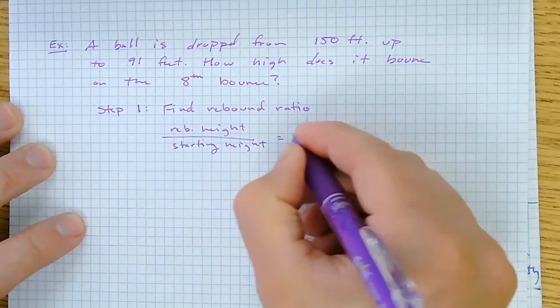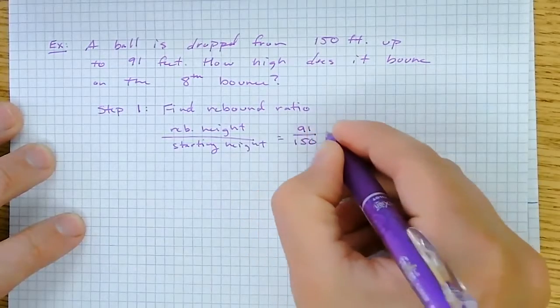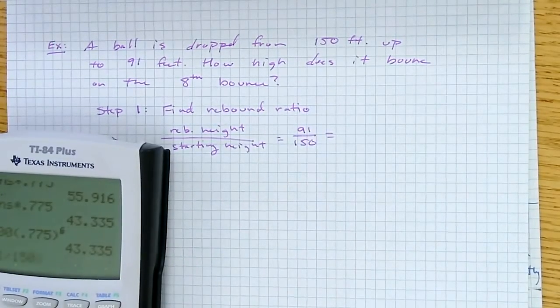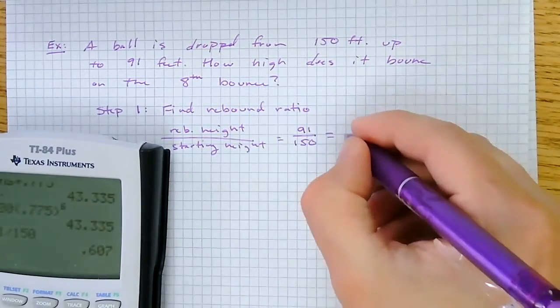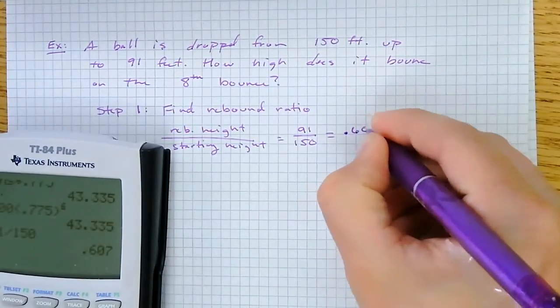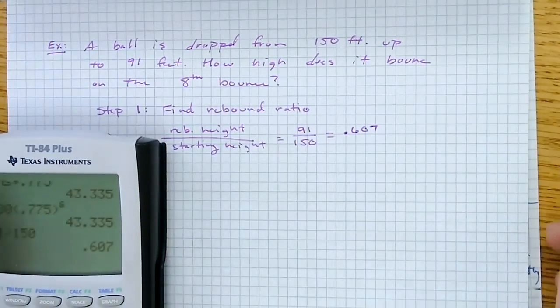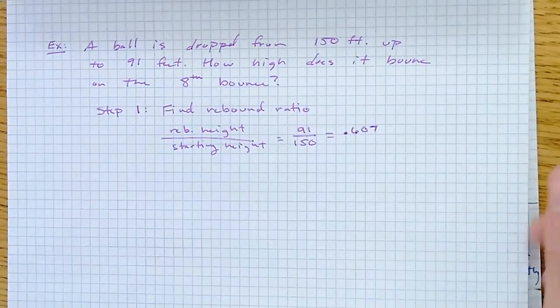So we have 91 divided by 150. It gives us a rebound ratio of 0.067.